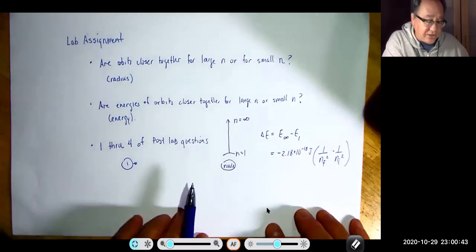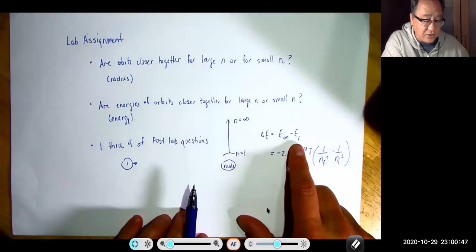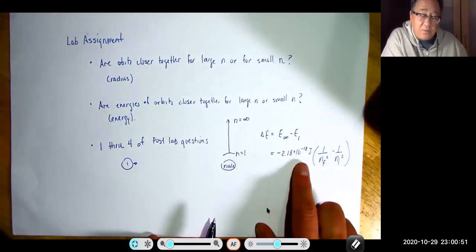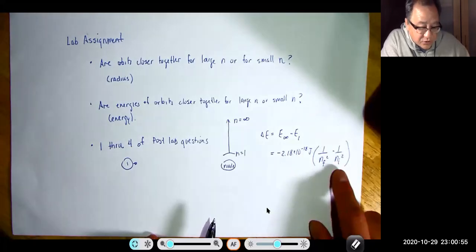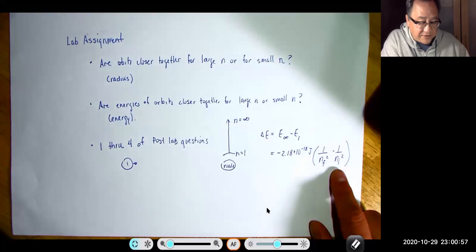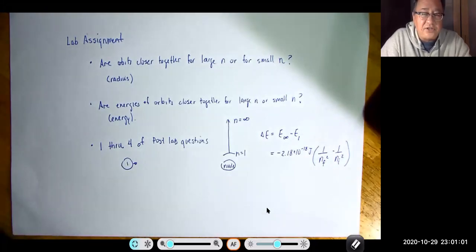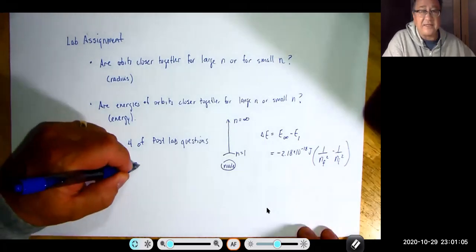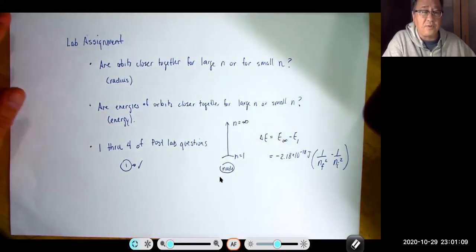So here, the change in energy is the energy of the infinitieth orbit, the final, minus the energy of the initial, the first orbit. So you would do this, 1 over nf squared, 1 over ni squared. Ni is 1, and nf is infinity. I'll let you think about what 1 over infinity squared is. So that's what you would do for number 1 when you're calculating the amount of energy needed to remove an electron from the first orbit.